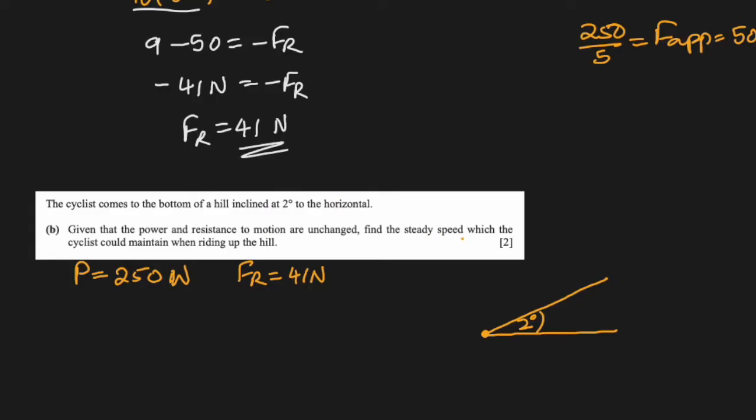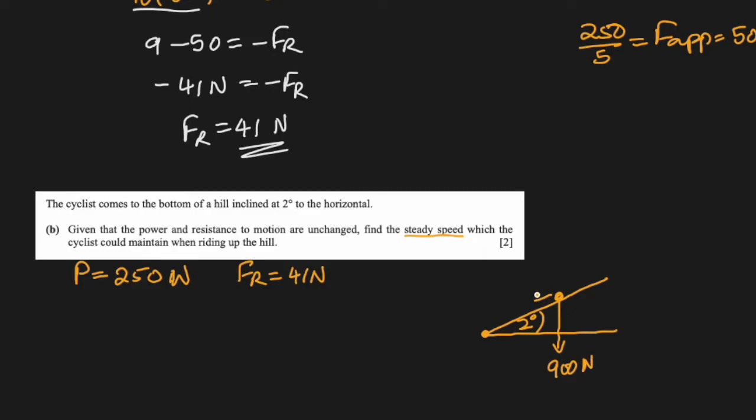Okay, find the steady speed which the cyclist should maintain while riding up the hill. Steady speed means same speed throughout. So let's say that at this moment the mass is 90 kilograms. That means 900 newtons is the force downwards.